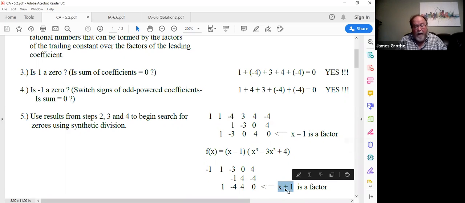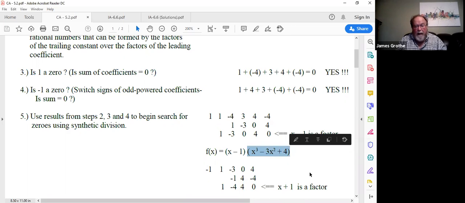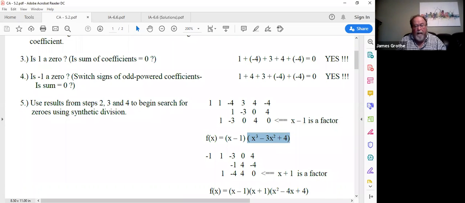So now I'm factoring this polynomial, and I know that x plus 1 is a factor. Its cofactor, again, comes from the quotient, which here is x squared minus 4x plus 4.